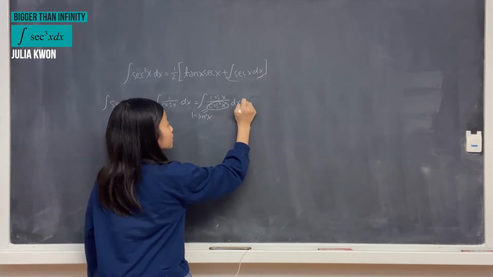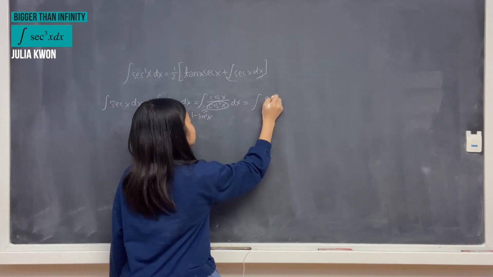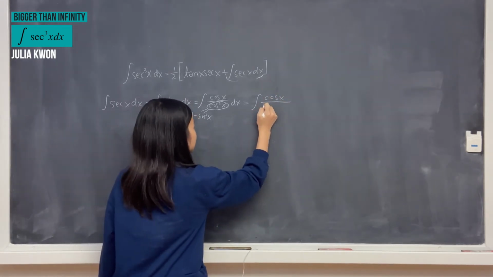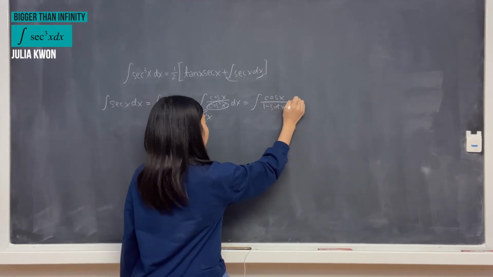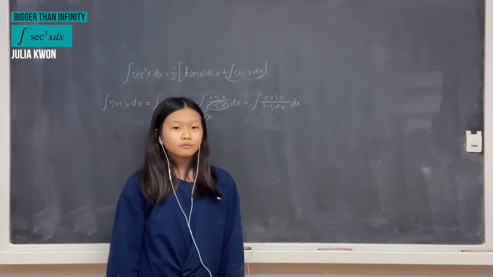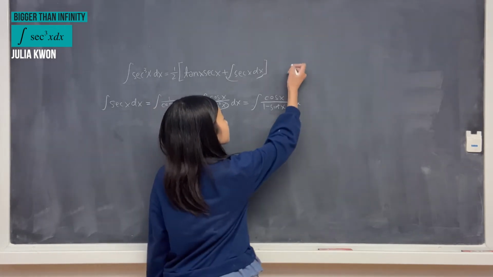So I'll write that down here. So the integral of cosine x over 1 minus sine squared x dx.